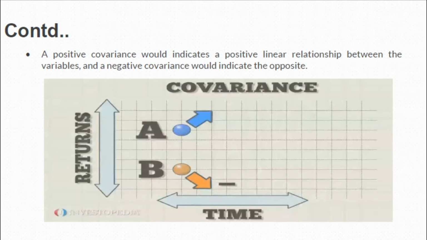So the difference in scale is a problem with covariance. If I say that the covariance value is 3000 or 4000, we may not be able to tell whether it is highly correlated or medium correlated, because there should be some range on which we can decide whether it is highly positively correlated or medium correlated.